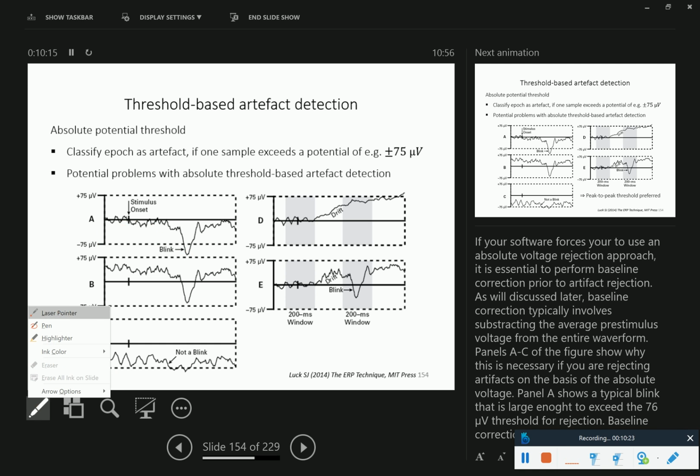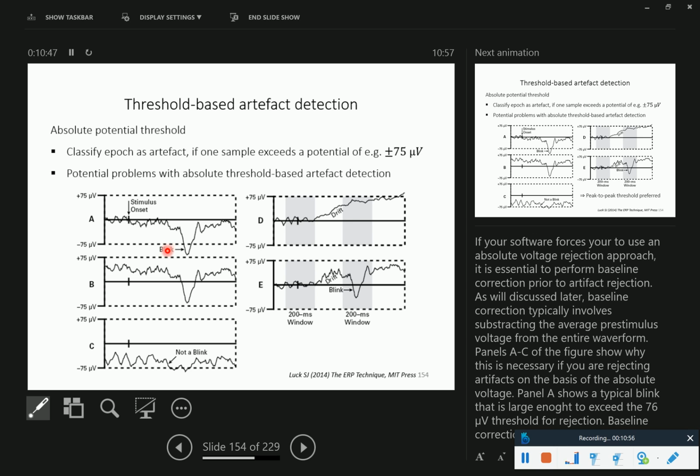Here you see an epoch of a certain electrode, so you see a potential trace, and at one point this potential trace exceeds a given threshold, here minus 75 microvolt, some time after stimulus onset. When we looked at blinks last week, this is something you would see if you look at all the EEG traces, but of course you also see it in one electrode.